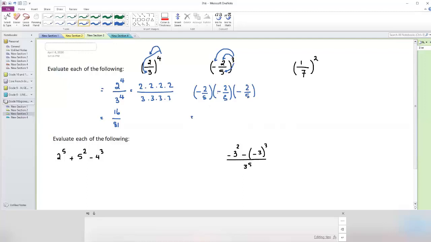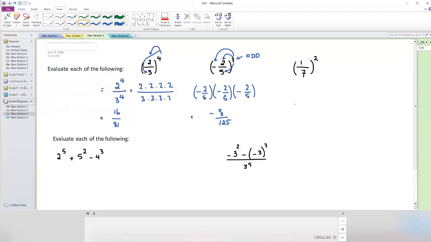So negative, negative, negative. As I said, with an odd number, the final answer is going to be negative. 2 times 2, 4. 4 times 2, 8. 5 times 5, it's 25. 25 times 5 equals 125.